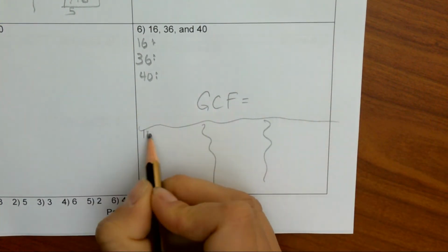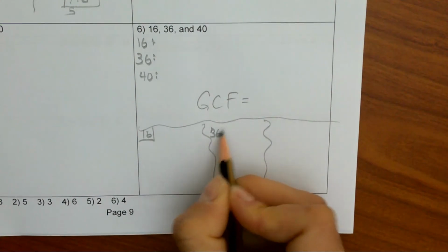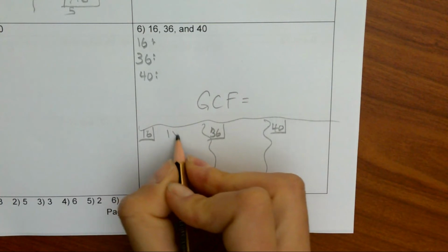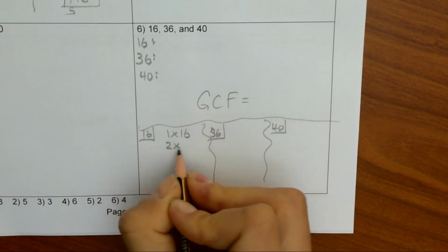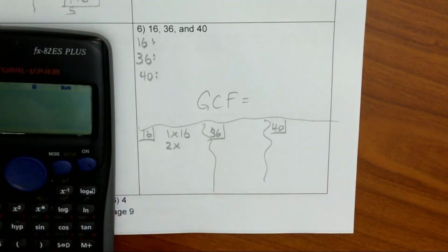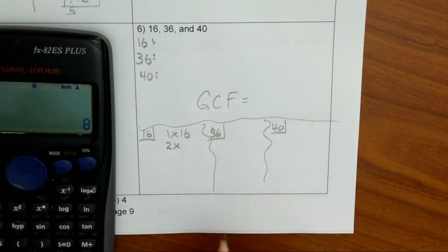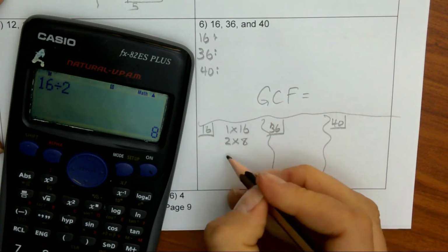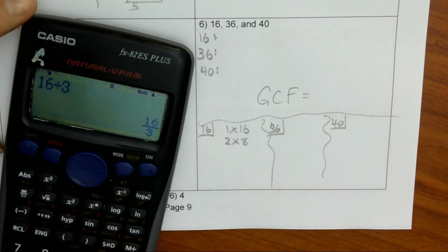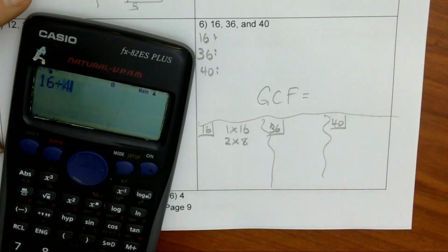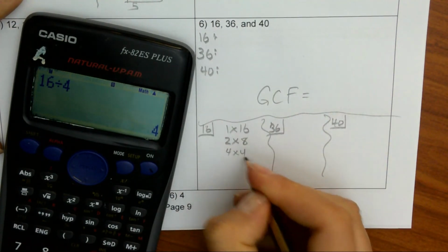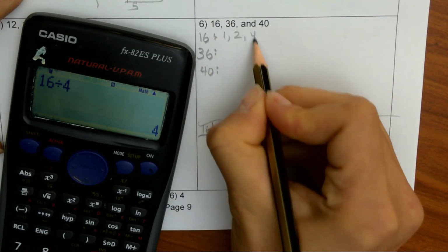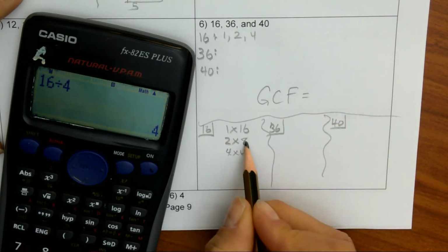So the factors of 16: 1 times 16, 2 times 8. 16 divided by 2 is 8. Does 3 go in? No. Does 4 go in? Yes. So 4 times 4. All of those make 16. So 1, 2, 4. Don't write 4 twice. Just write it once. 8, 16.